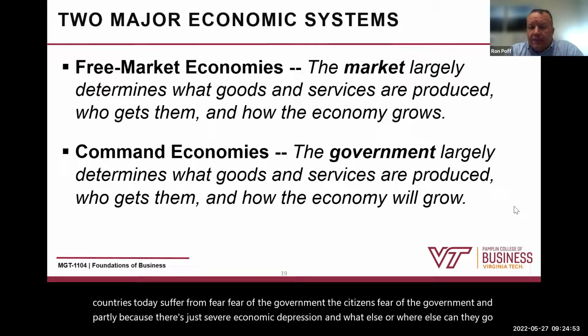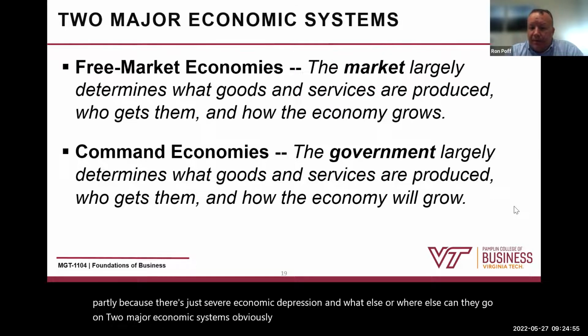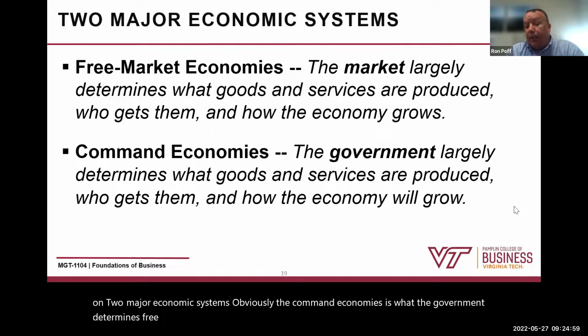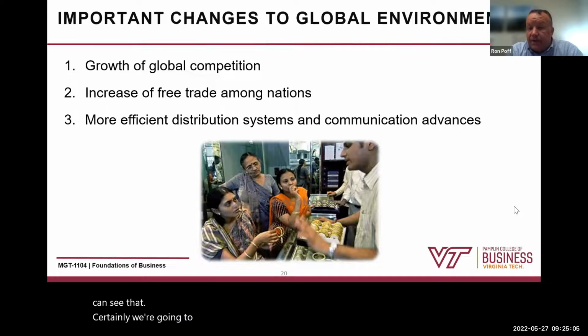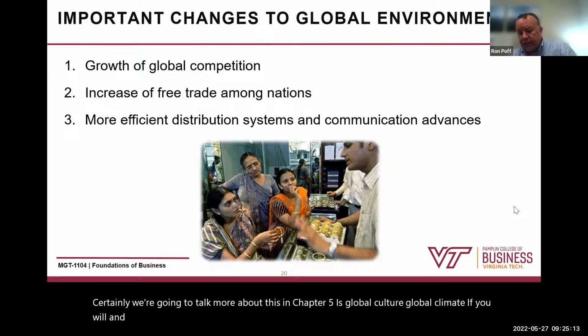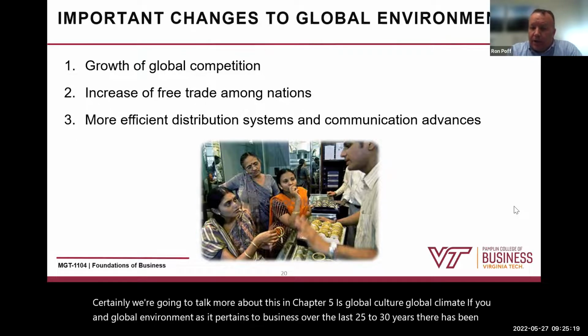Two major economic systems: the command economies, where the government determines, and free market economies, where the market largely determines. Certainly, we're going to talk more about this in chapter 5, the global culture, or global climate, if you will, the global environment as it pertains to business. Over the last 25 to 30 years, there has been a growth of global competition.